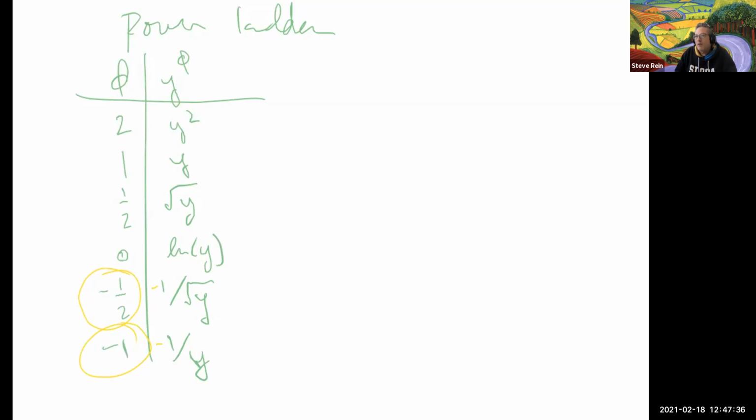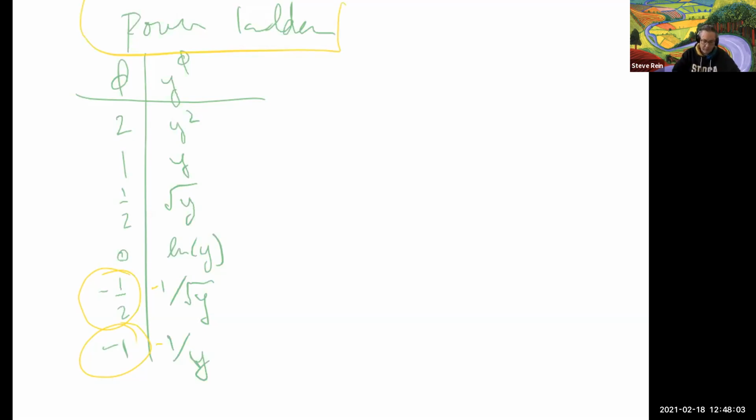Not a requirement, but otherwise large x's become small and small x's become large, unless we do have that negative out front for values of phi less than 0. So this is just a power ladder for the y variable.